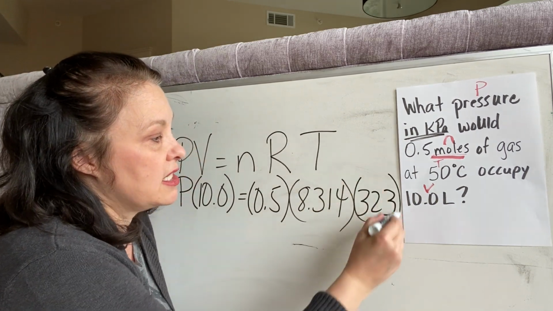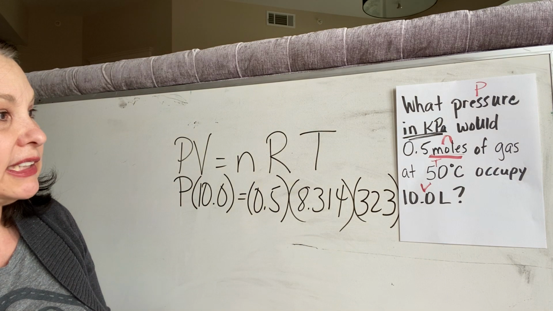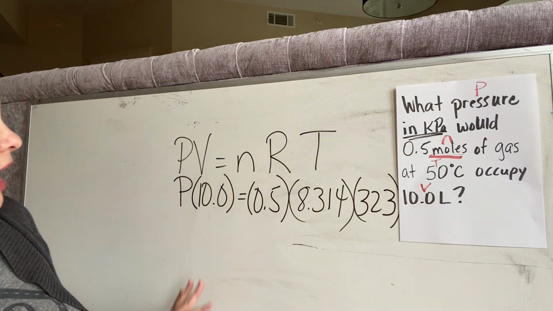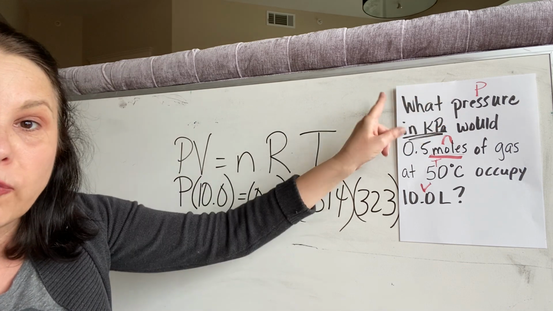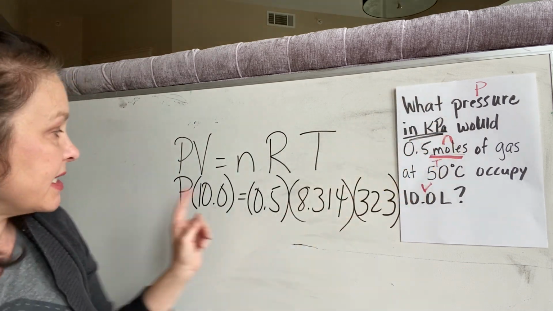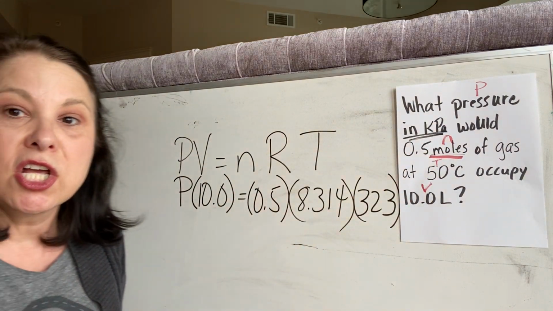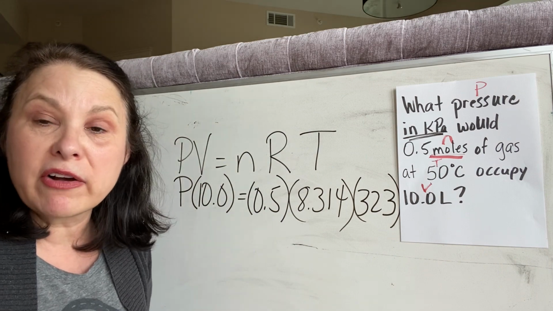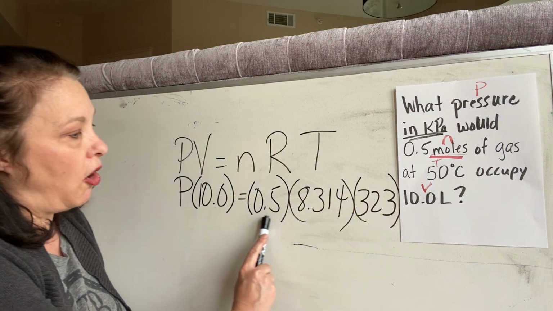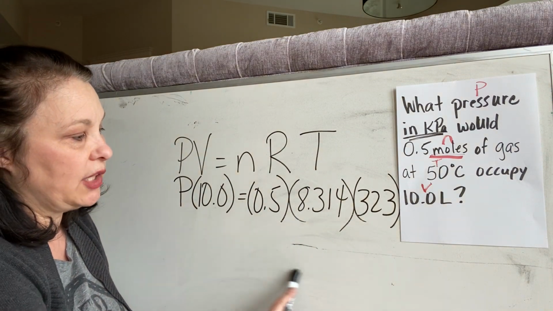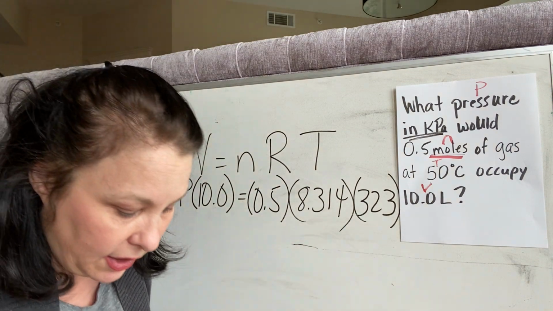All right. So, does everybody agree? I've plugged in all of the numbers in the right spot, and I have the unknown that the problem is asking for. What pressure in kilopascals? There it is, right? So, all we're going to do now is solve for P. What I suggest you do is multiply all of these together, so we're just dealing with one number right here.